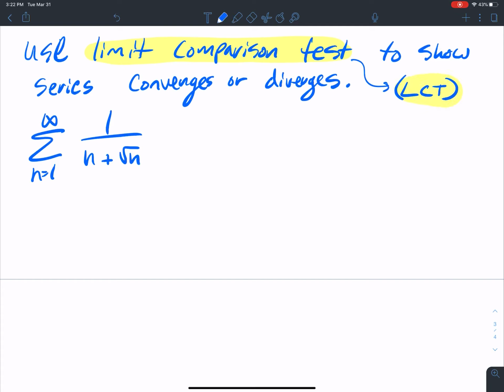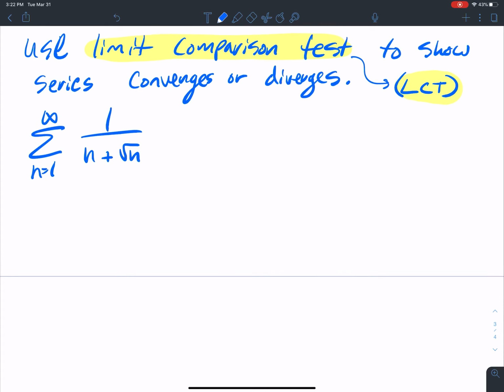But looking at this sequence here, all right, 1 over n plus square root of n, who's the dominant term here? Well, it's the n. The n is a degree 1 term, okay? So what does that tell me? That tells me that a good thing to compare it with might be the series n equal 1 to infinity 1 over n.